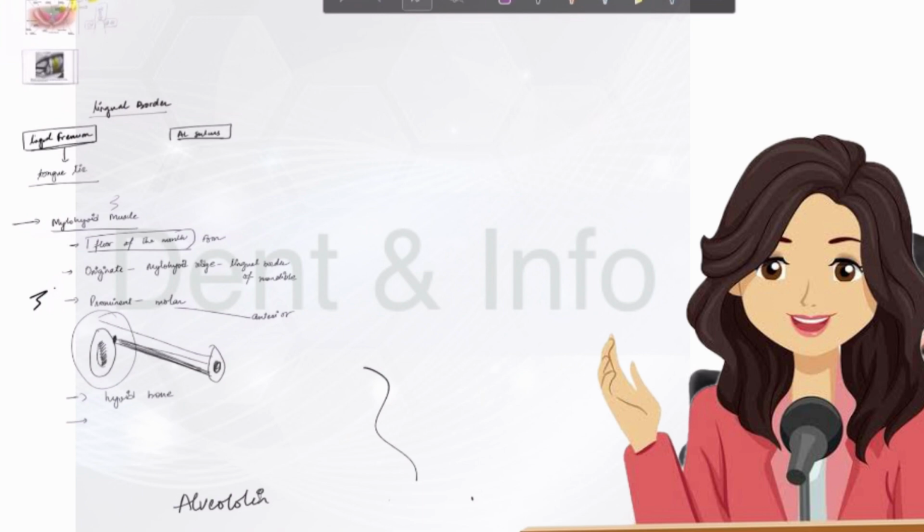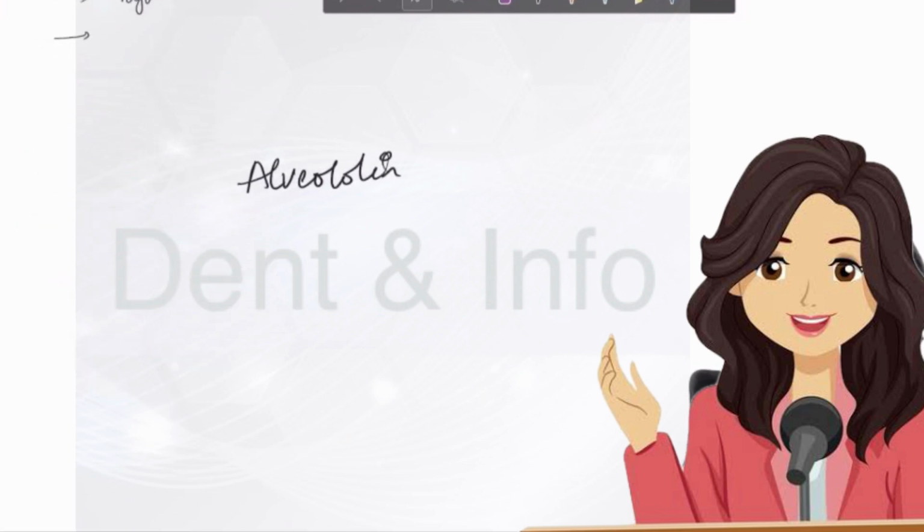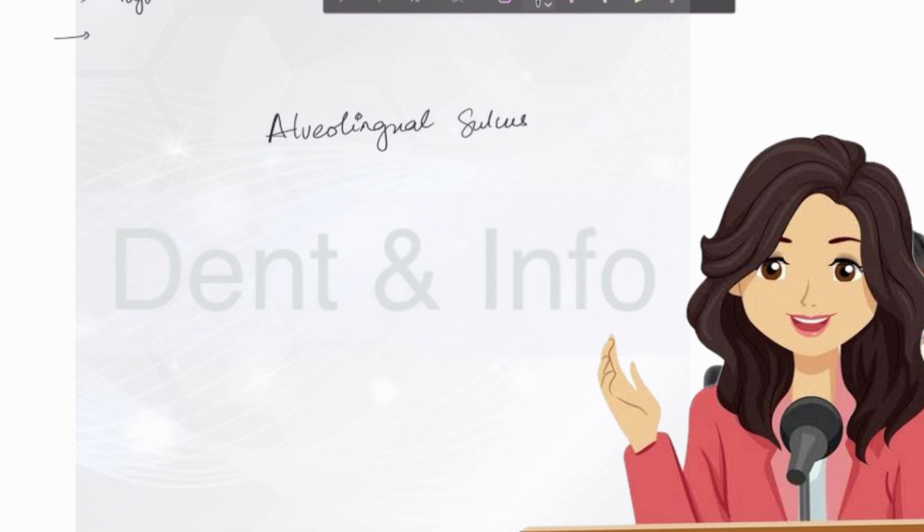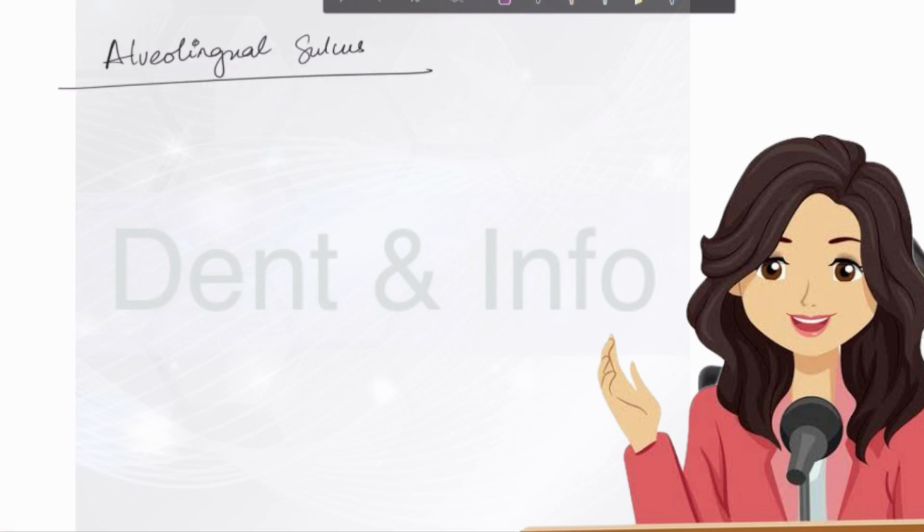They're good to go. So let's discuss alveolingual sulcus. We are sorry for the technical issues that you're facing, but after all, it's a mechanical device. Things can happen here and there, right? So let's start with your alveolingual sulcus, and understand the lingual anatomy or lingual border anatomy of mandible.